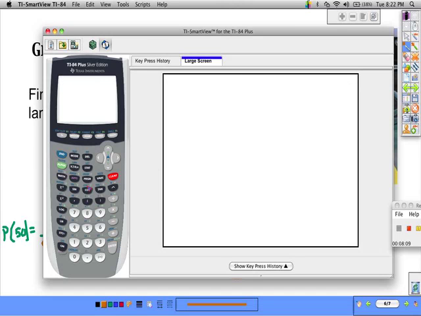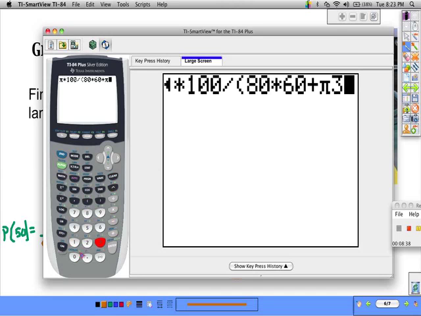So I'm going to do pi, and use the pi button, don't use 3.14, times 10 squared, and I know that's 100, so I'm just going to type 100, divided by, now it's very important because we have more than one thing in the denominator that we use parentheses. 80 times 60 plus pi times 30 squared.